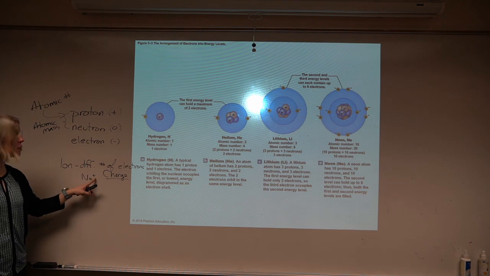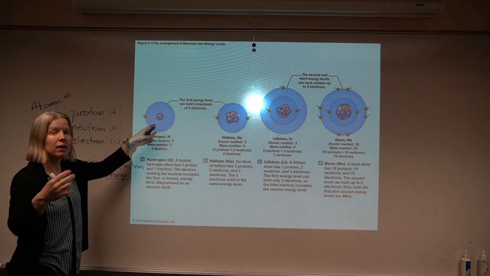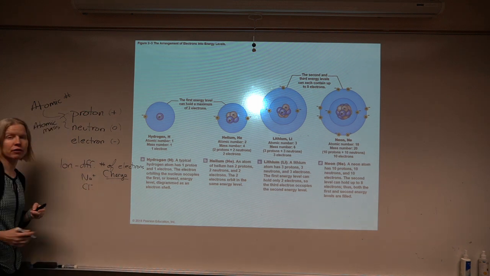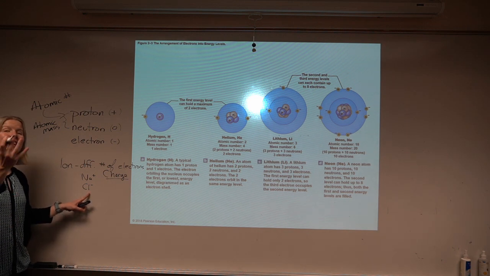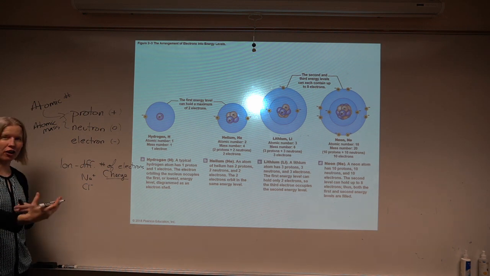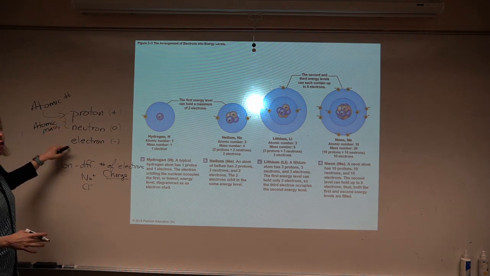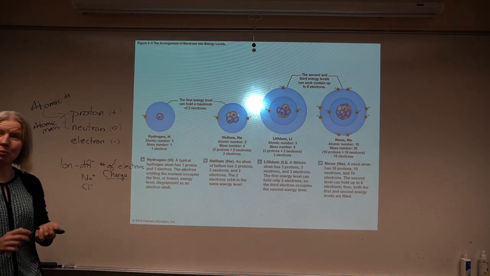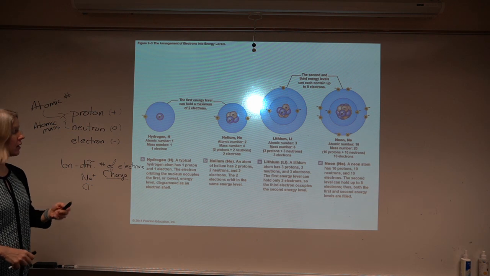In this case, the positive charge lets us know that there's one more proton than there are electrons. If you look at an ion with a negative charge like chloride here, we know it has one extra electron than the protons. But in general, we tend to think of those as matching. Ions are the exception to that, but a very important exception that we'll use a lot in this class.